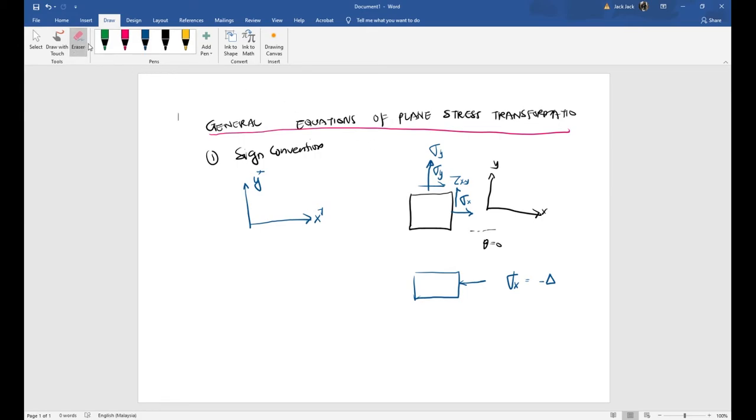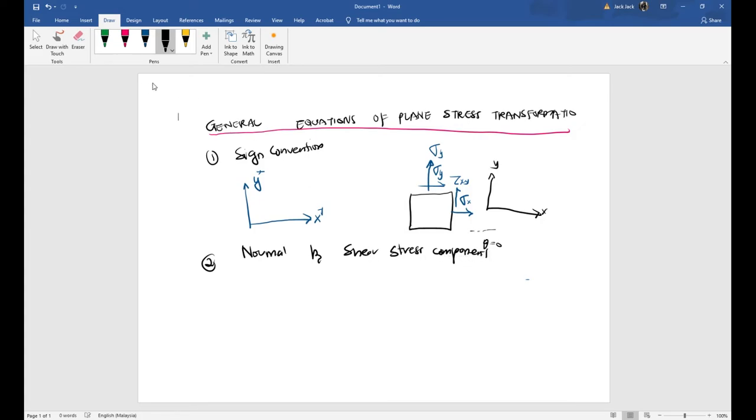Next, we need to erase this first. Then we have to clearly understand the normal and shear stress components. Second, we have already discussed this, but as a revision, let's draw again. Normal and shear stress components.